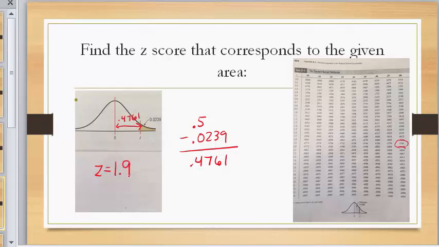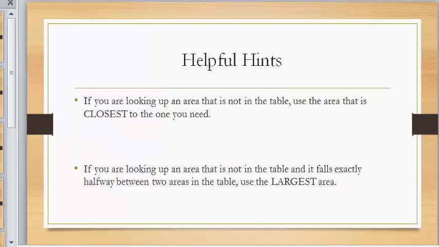And then if I go up to the top, I'm going to be at the 100th place of an 8. And so again, you want to check and make sure that that's a positive z-score, which it is because it's lying on the right-hand side of 0. If it had been on the left, I would simply put a negative on that z-score.